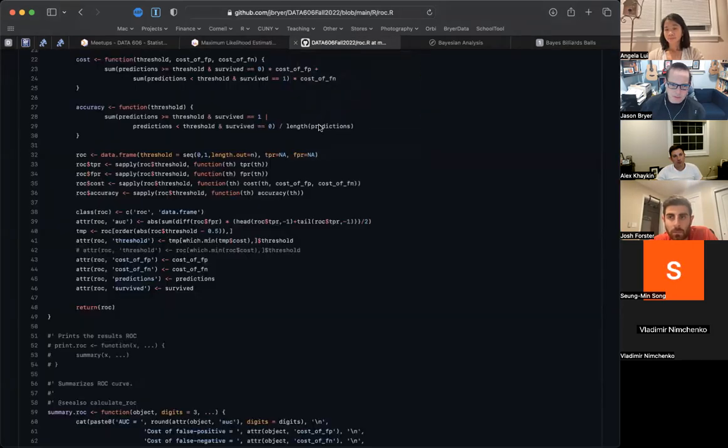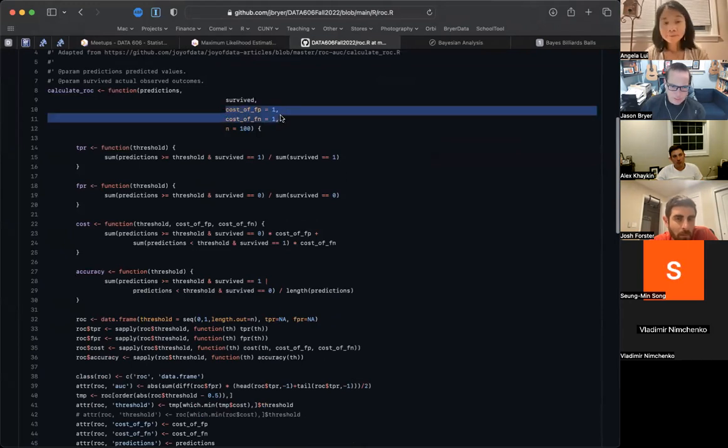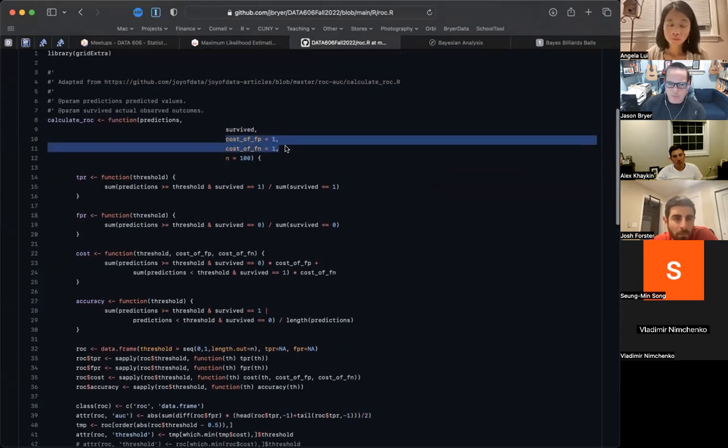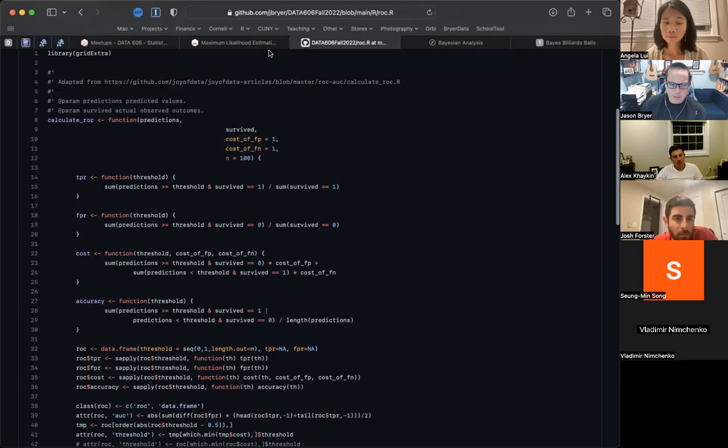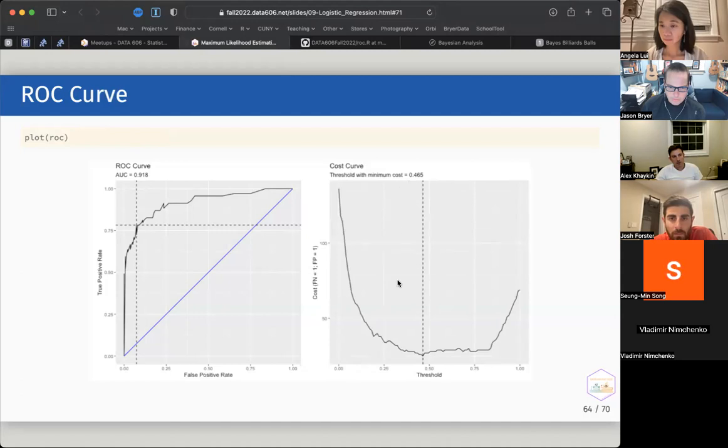Sure, absolutely. He talked about here these different costs. You could specify costs for false positives and false negatives, which will influence this cost curve where you're trying to determine the threshold. So that's certainly a way to do it.